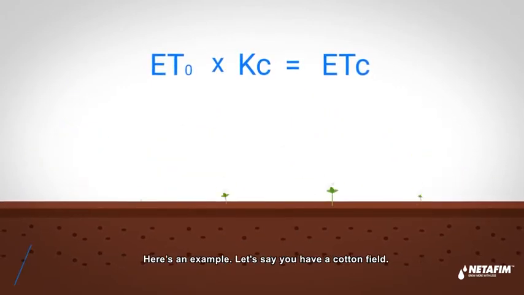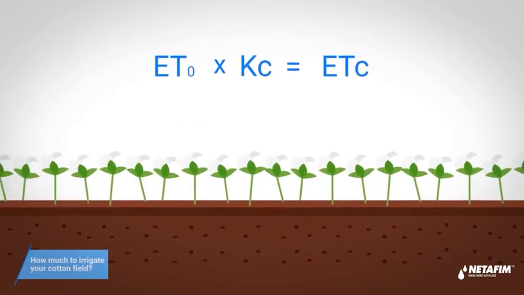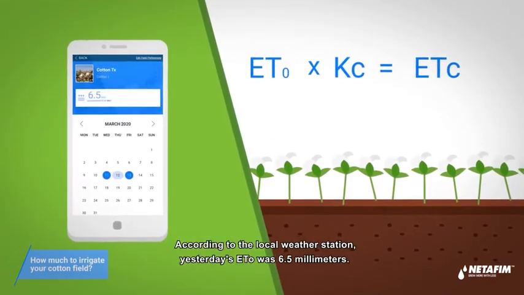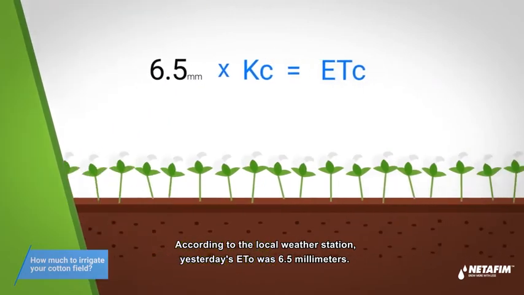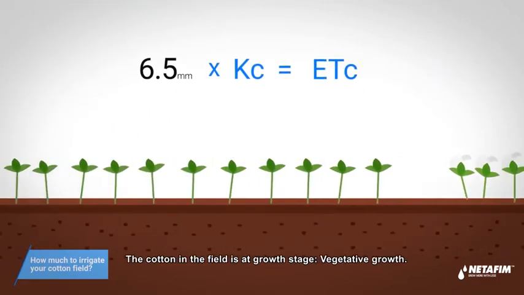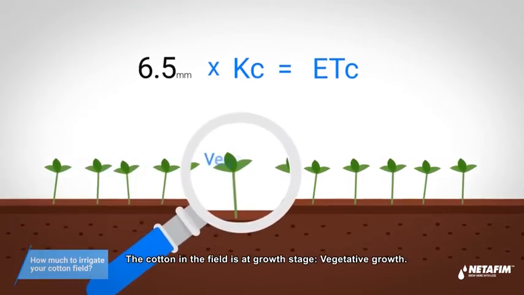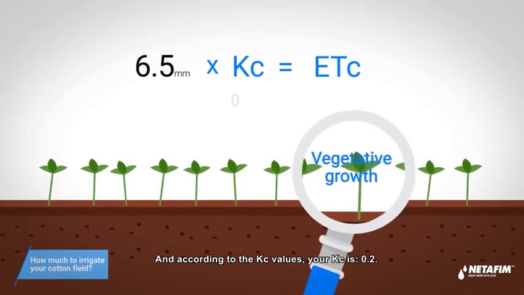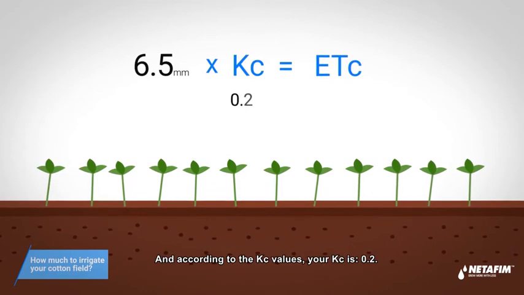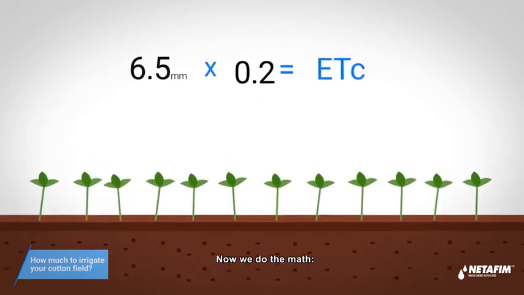Here's an example. Let's say you have a cotton field. According to the local weather station, yesterday's ETO was 6.5 millimeters. The cotton in the field is at growth stage, vegetative growth. And according to the KC values, your KC is 0.2. Now we do the math.